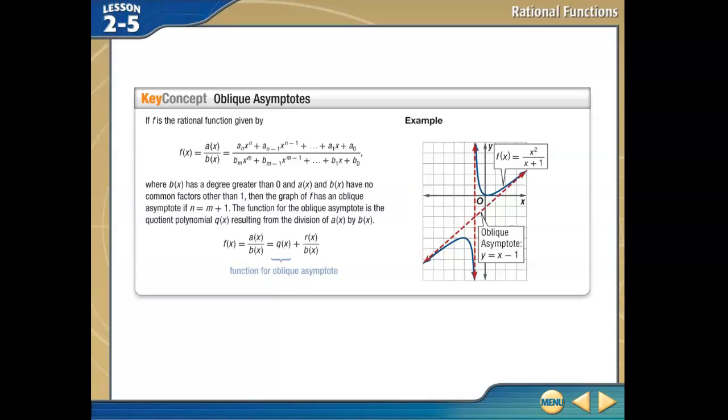So for oblique asymptotes, we have to divide. All right, let's get one that has it.